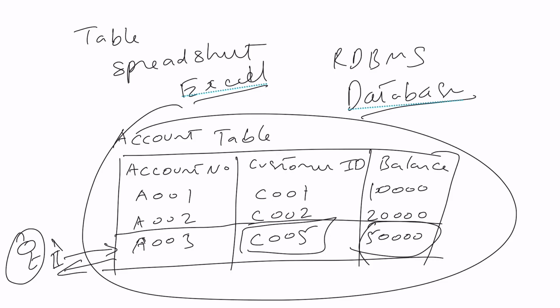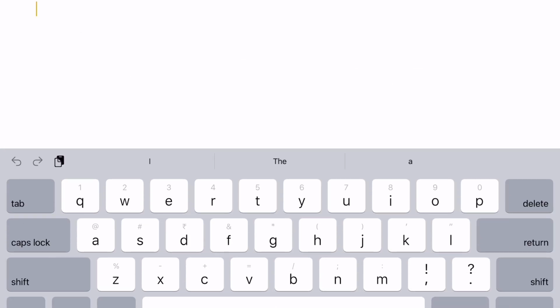But before that, let me just go to another page. So again, a quick recap. Whenever a customer accesses anything from his mobile app, he is actually interacting with some kind of a database at the back end. The example which I took was simple get balance.